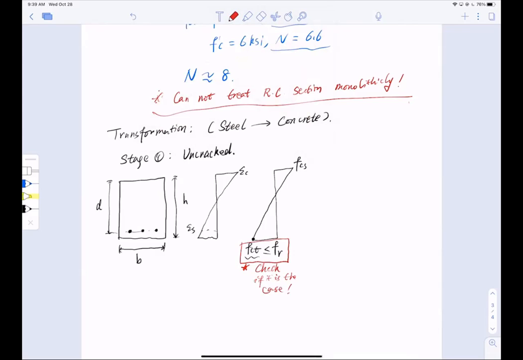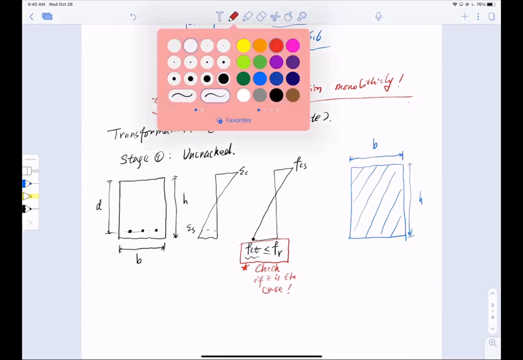For the transformation, we're going to treat the whole thing as a concrete section. Here's the tricky part, so be very, very careful. This shaded area is the regular old section, and this is b and this is h, everything just as shown before. But now we have to add steel to it.